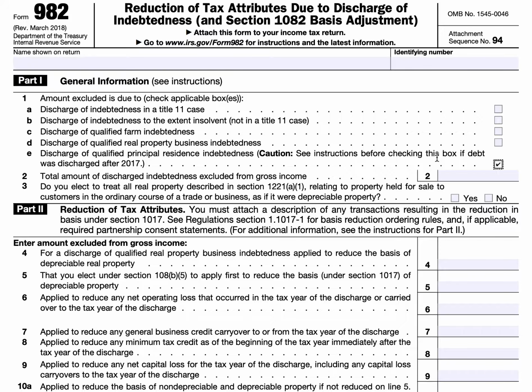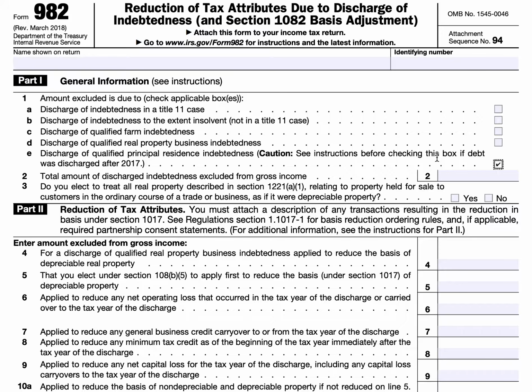So if you refinanced a home and you took out an extra $10,000 to install a new air conditioning unit, that would be acceptable. That would be all included in qualified indebtedness. If you use $10,000 to pay off student loans, then you would have to back out $10,000 as qualified indebtedness.